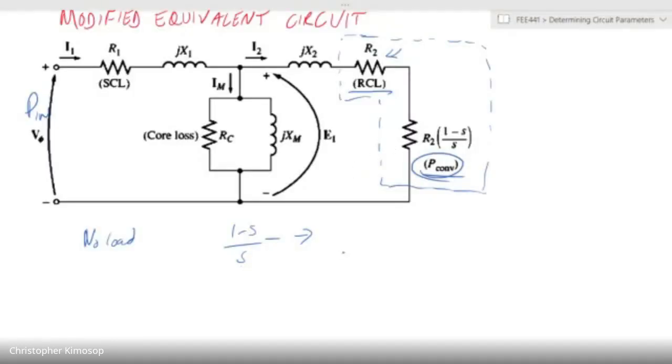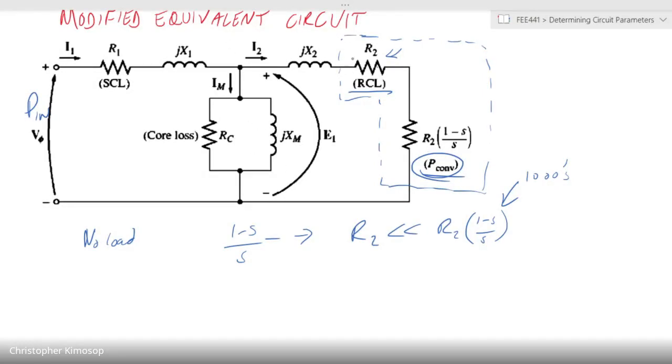Because of that, we say that R2 is much, much less than R2(1 − s)/s, because this figure is in the thousands. Okay, so it is much, much bigger, and therefore the impact of R2 tends to be much less than the impact of the other one that you have here.